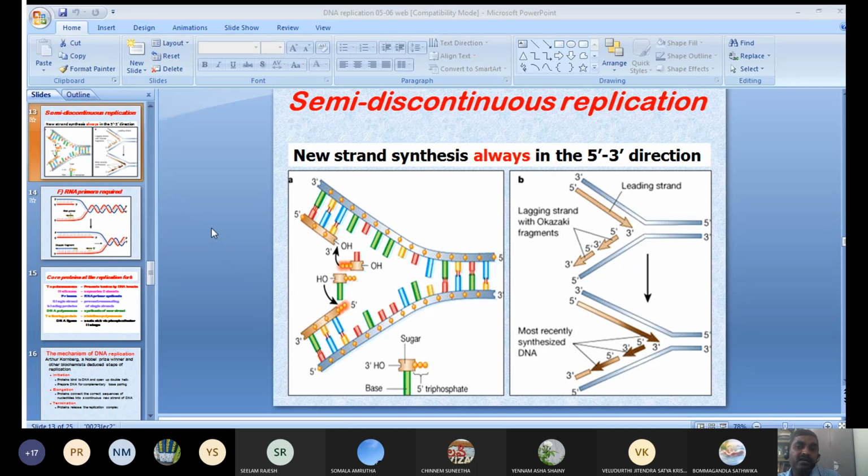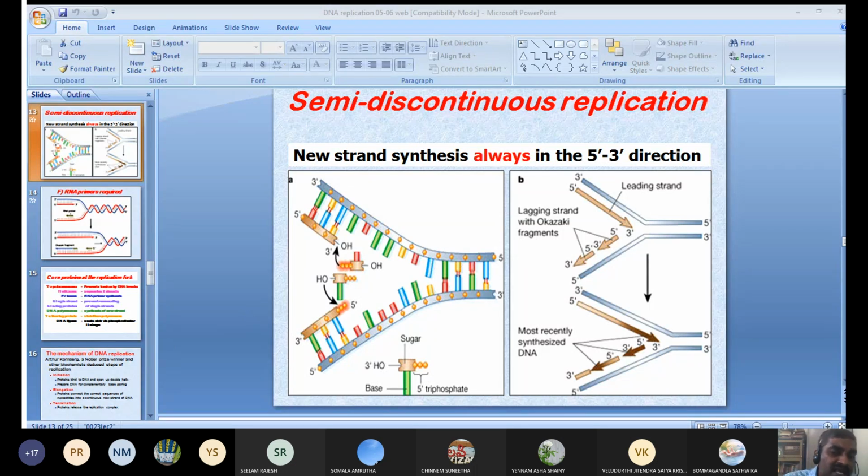The upcoming nucleotides will come, and finally the two strands will form. This is called the leading strand and this is the lagging strand. You see, this is 5' and this is 3'. There is no way, because the 3' to 5' polymerization activity is lacking in DNA polymerase.